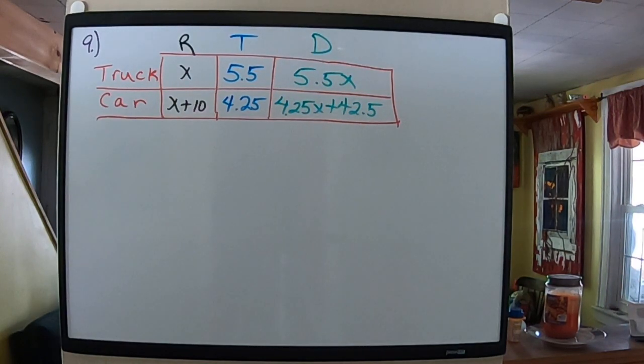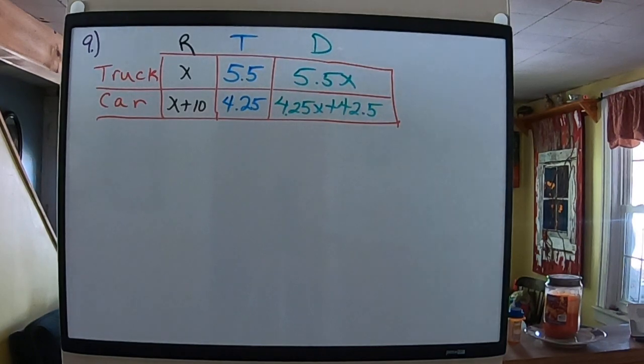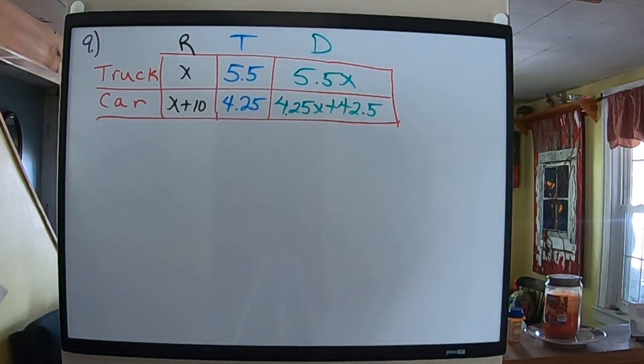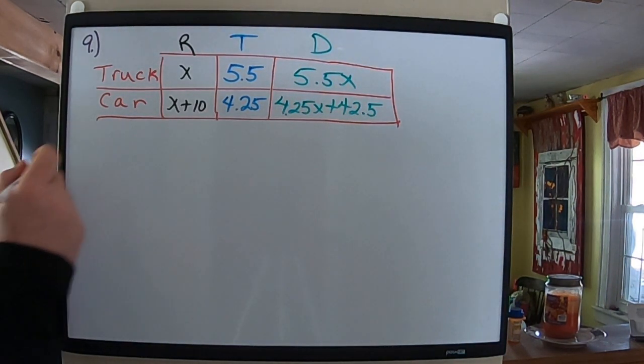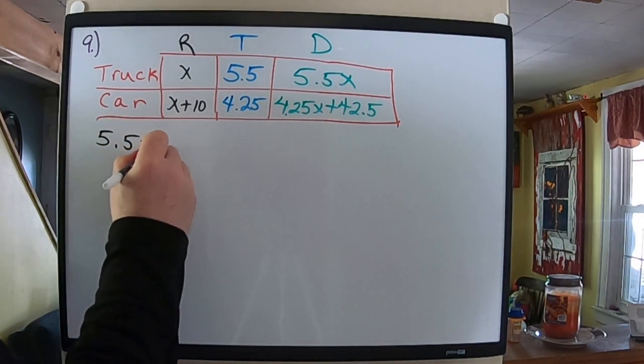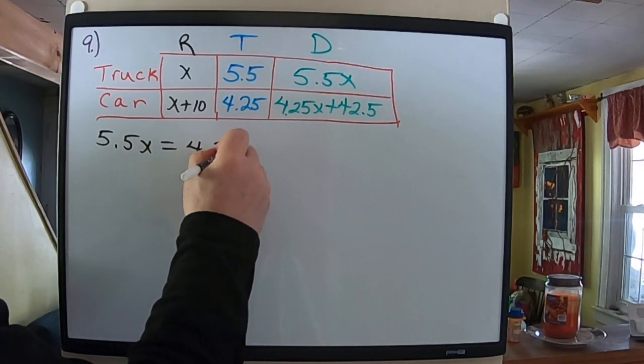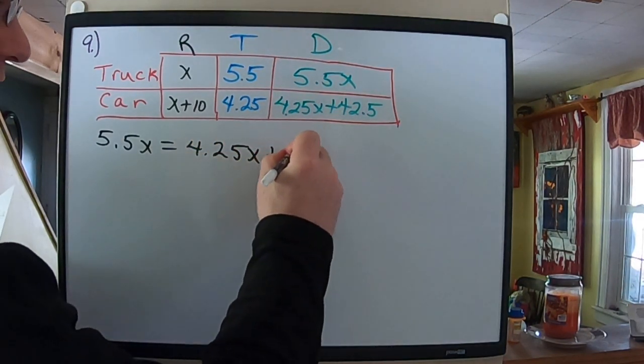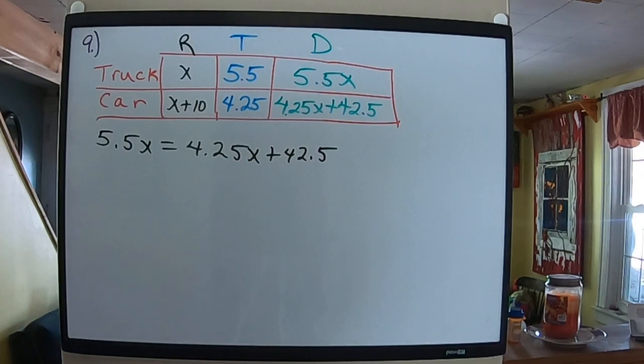It said specifically that they went the same distance. So I can set up my equation setting the two distances equal. 5.5x equals 4.25x plus 42.5. Now this doesn't take all that much time to solve.